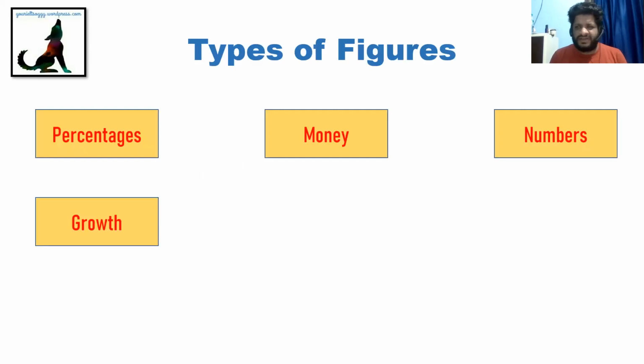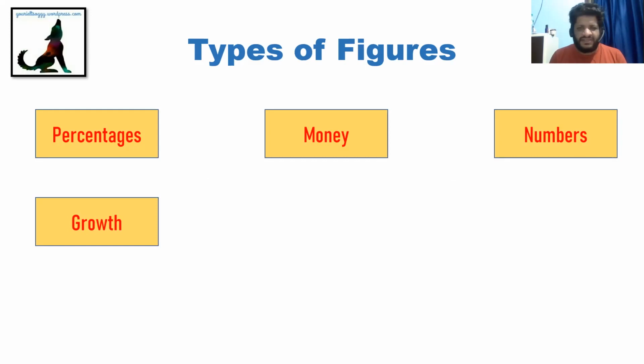So first of all, what kinds of figures can you see there? You can be presented with percentages, you can be presented with money, you can be presented with numbers. But why I wrote this is because I want you to differentiate between the upper three and the bottom one.